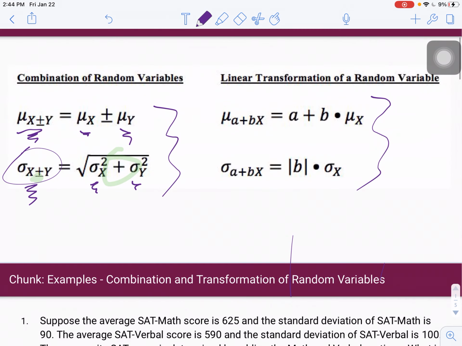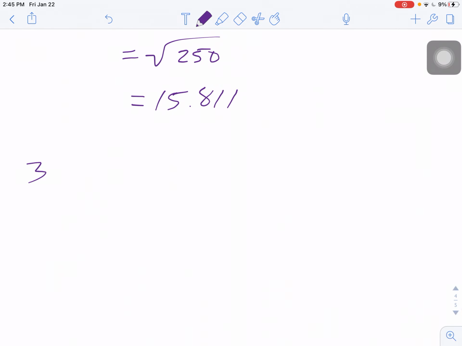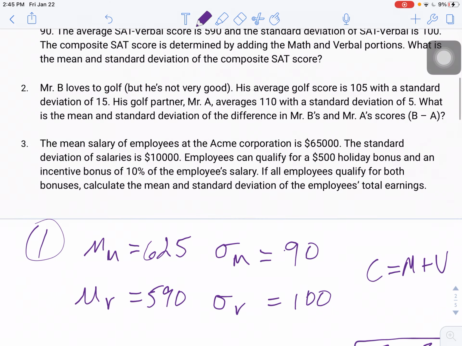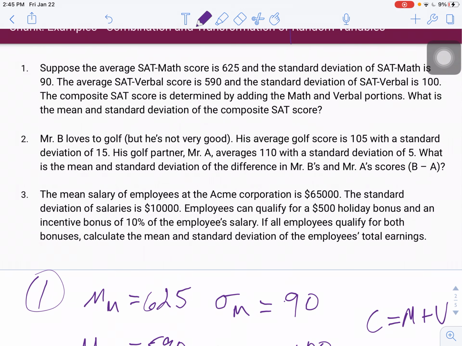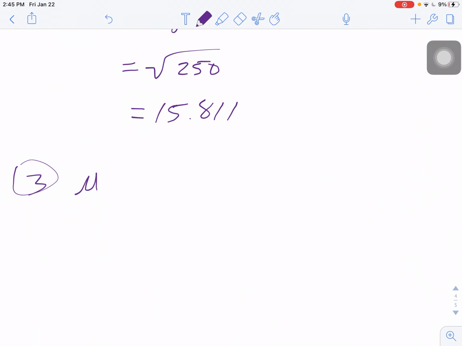All right, so what I'm doing now is a linear transformation. So I have to think about this a little bit. I'm going to start by, again, notating what is given to me. The mean salary is $65,000 with a standard deviation of $10,000. I'm just going to use X in this case.